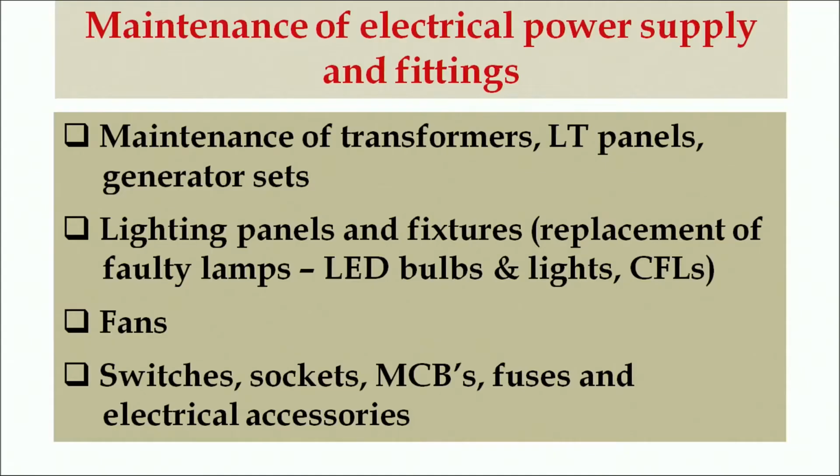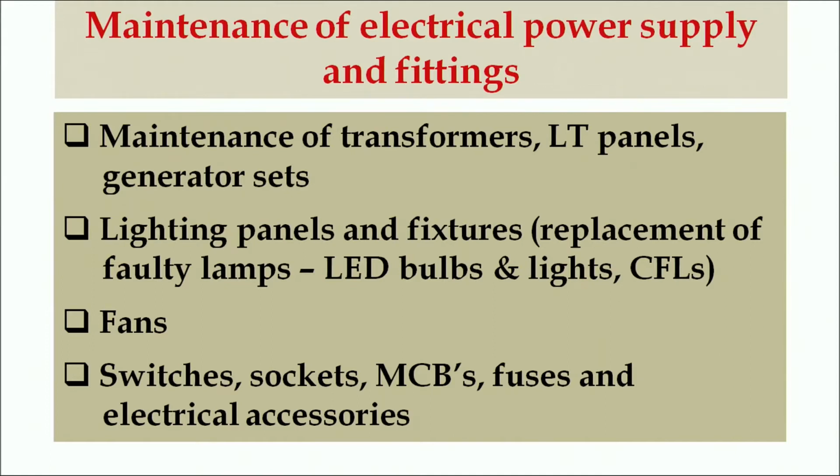So now let's discuss how we can maintain electrical power supply and fittings at our premises. Electrical power supply and fittings come to us in several forms. First, you need to maintain the transformers, LT panels, generators, generator sets or DG sets as we call them at our premises.